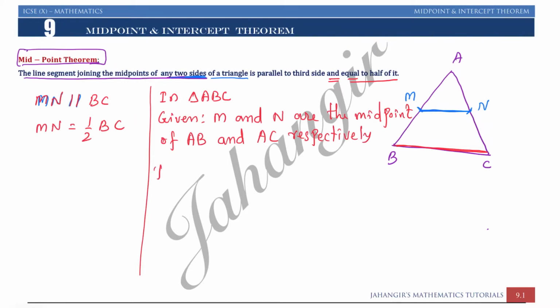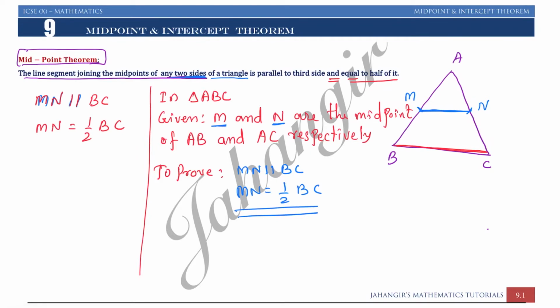We have to prove that the line segment joining the midpoints of two sides, which is MN, is parallel to BC. It is parallel to the third side and its measure is half of the third side. Now how we got these results, we will understand in detail. We will prove how MN is parallel to BC and MN is equal to half BC.